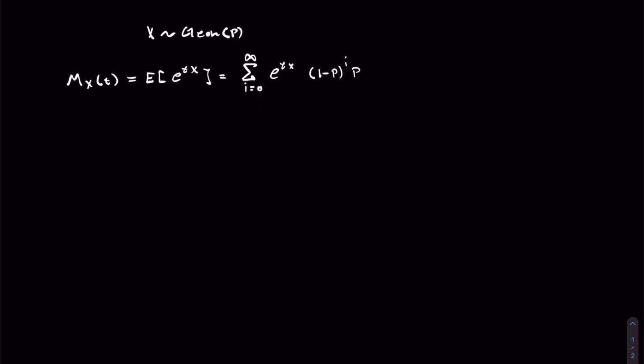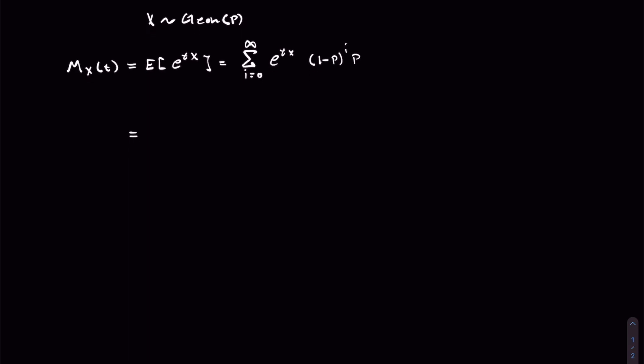By LOTUS we are just taking the transformation of X like this, and then we take the PMF of the geometric, which is (1 minus p) to the i times p. Moving ahead here, you can take out p like so.